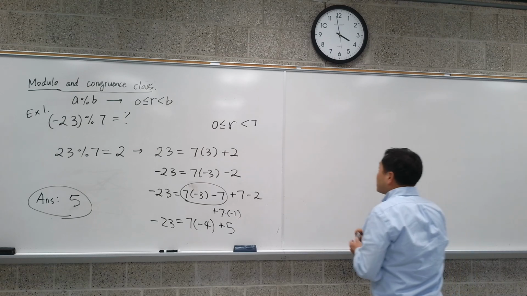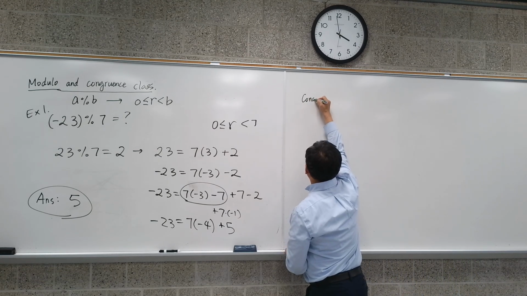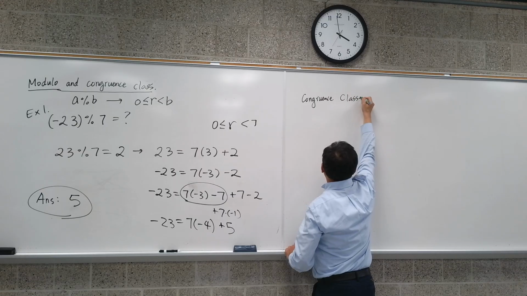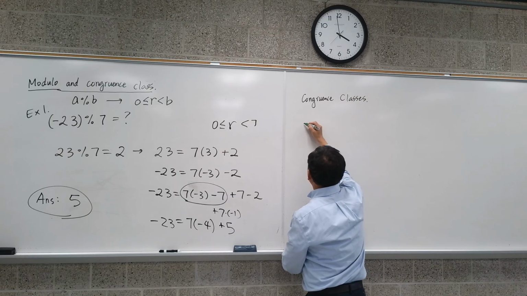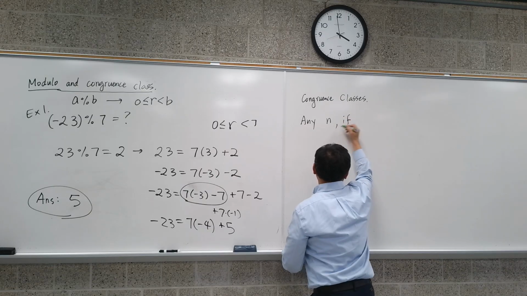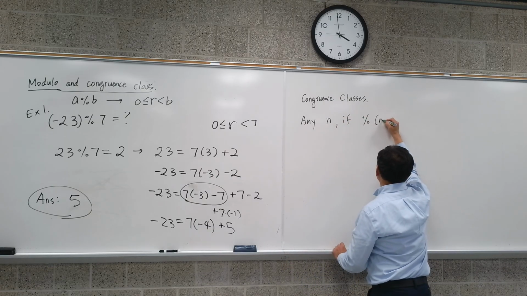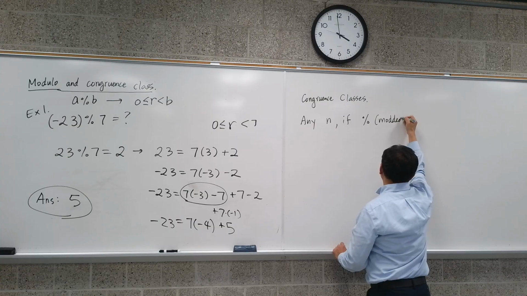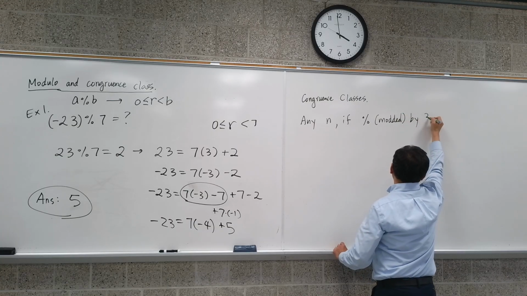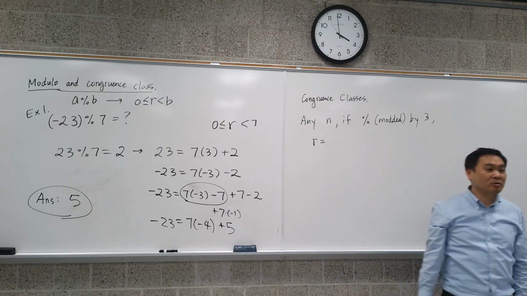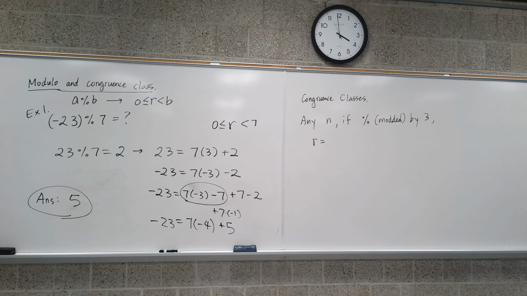So for any number n, if modded by 3, the remainder could be what numbers? Can you tell me all the possible remainders?